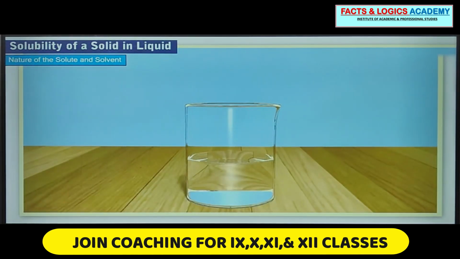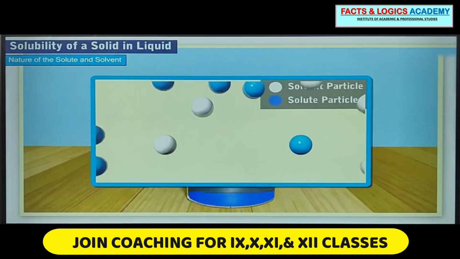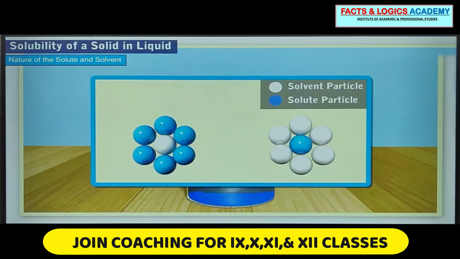This behavior can be explained in terms of the interaction between the particles of the solute and the solvent. The solubility of ionic compounds is the result of the strong electrostatic interaction between the ions of the solute and the polar molecules of the solvent.